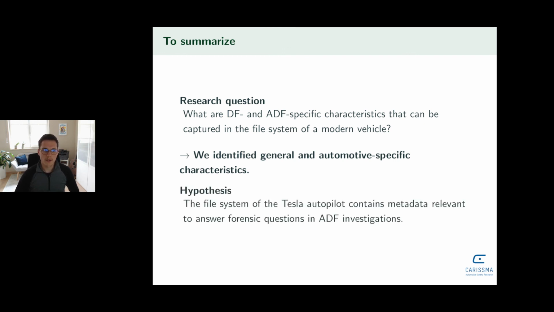And the hypothesis was that the file system of a Tesla Autopilot contains metadata which is relevant in automotive digital forensic investigations. And this is also correct because we can answer nearly all forensic questions required in digital forensic investigations, except for the why.